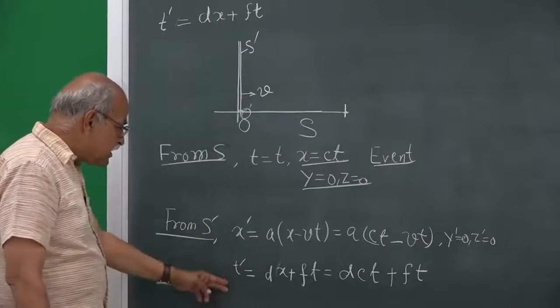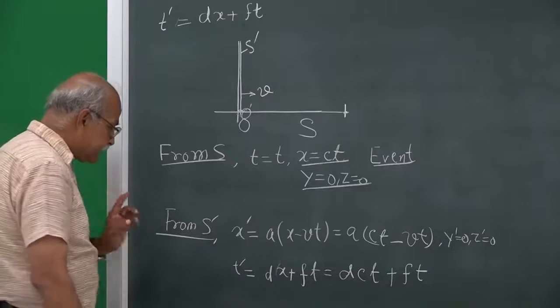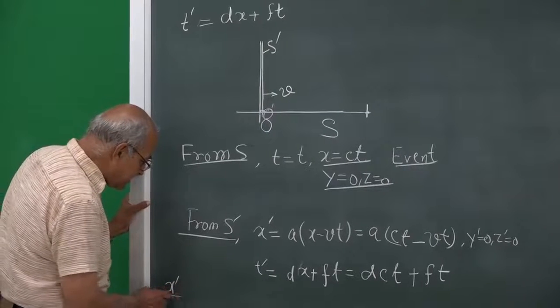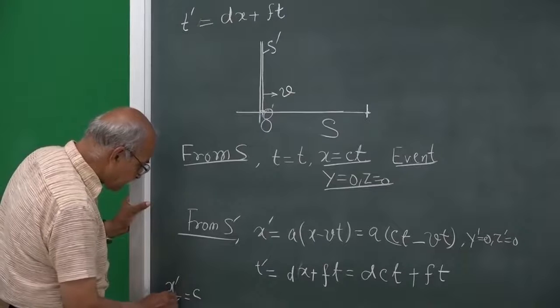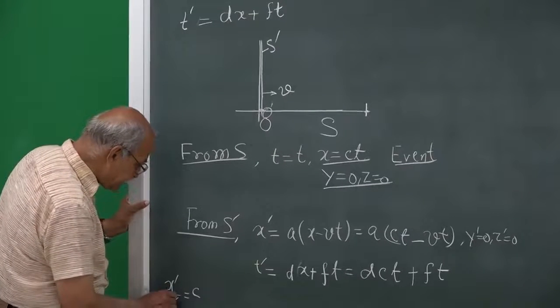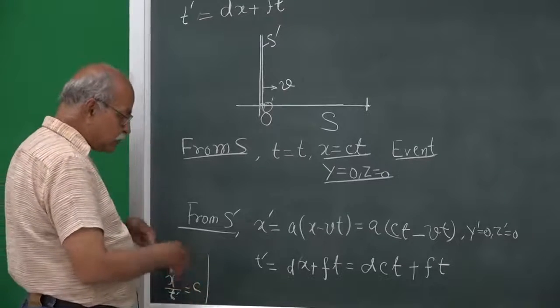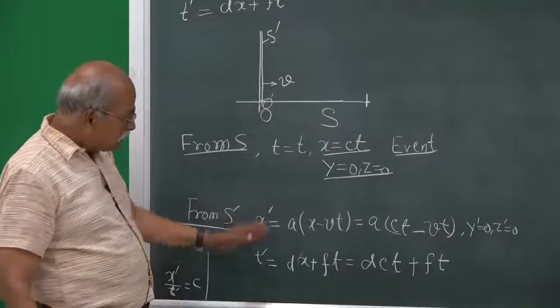Hence if you divide this x prime by this t prime, that must be c. So, x prime should be c into t prime.